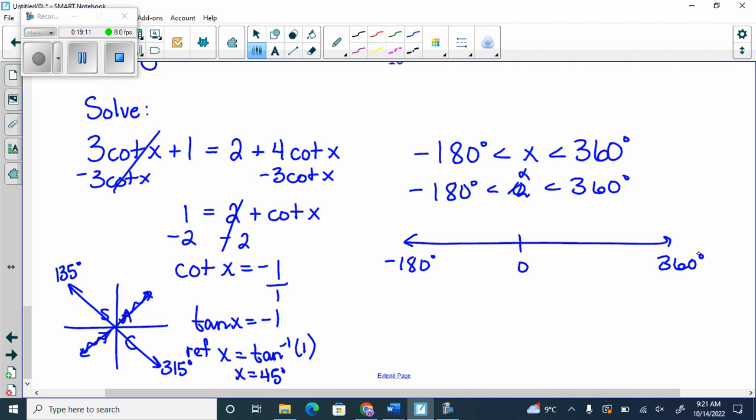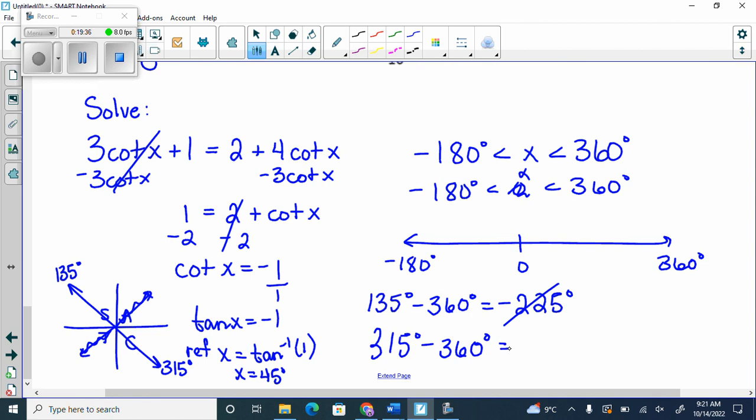So I have 135 degrees, subtract 360, and I get -225. Does that fit? No, too big. Out. And then I go 315, minus 360, and I get -45.